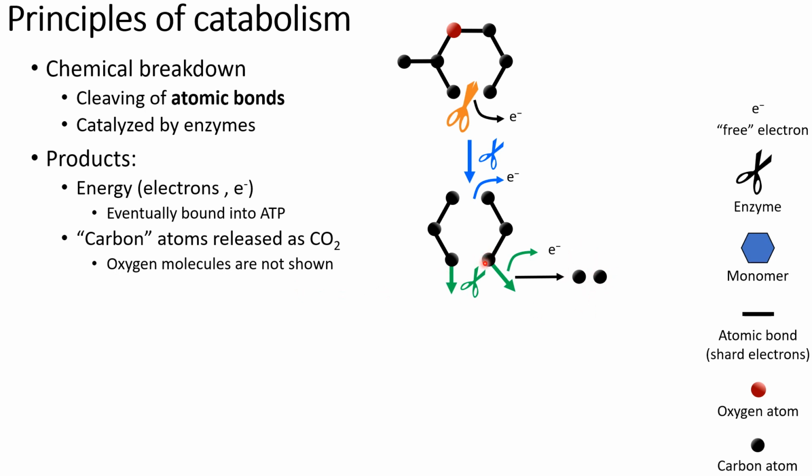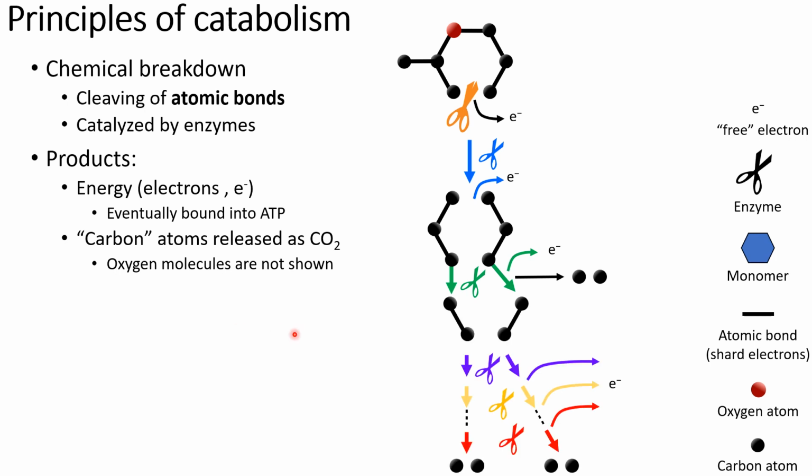We're just tracking the carbons and the electrons. So effectively, we have an enzyme that cleaves these carbons, and it releases them along with the electrons that are holding them together. Through the process of cellular respiration, eventually all of these bonds will be cleaved through a series of chemical reactions. What we'll end up with are a bunch of electrons that have been released and a bunch of carbon atoms, which are now kind of by themselves.